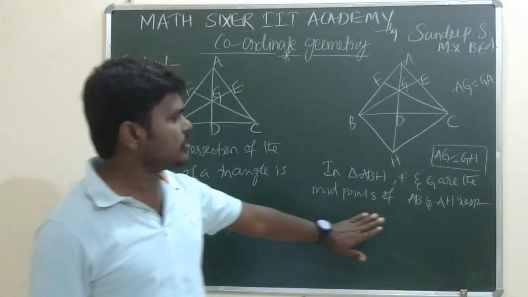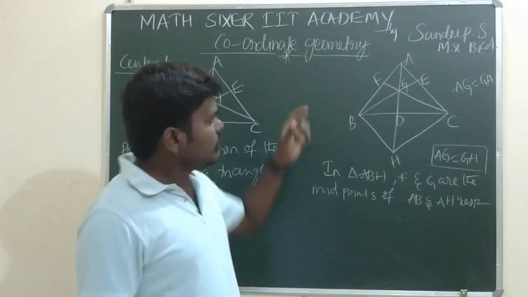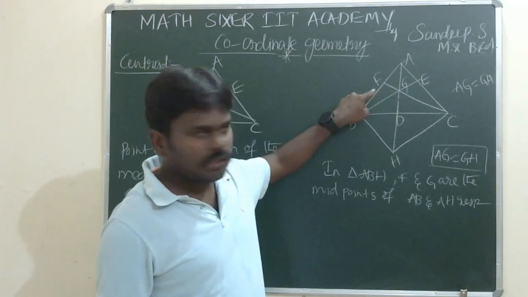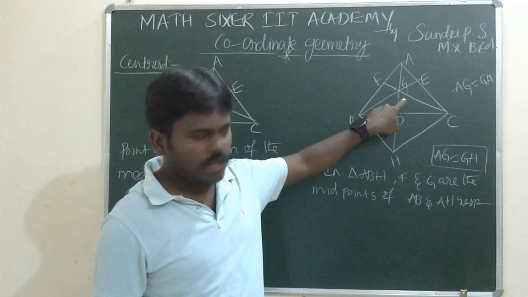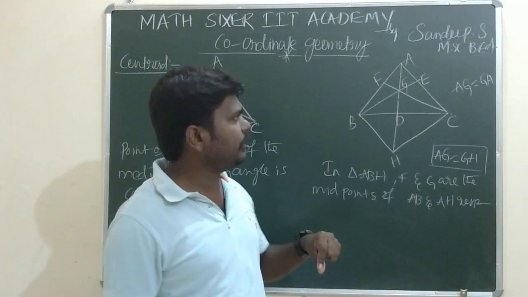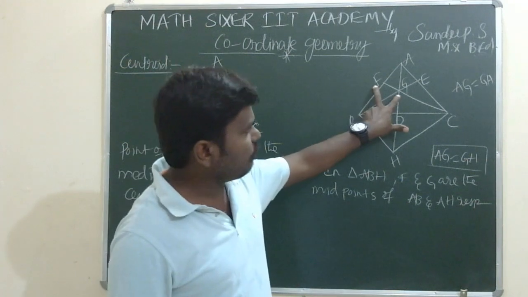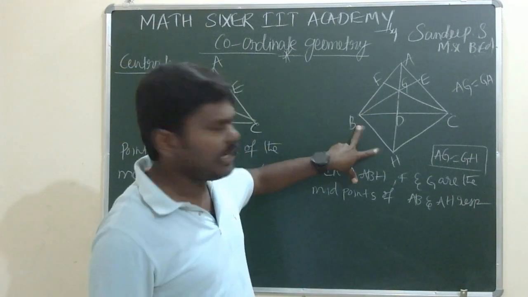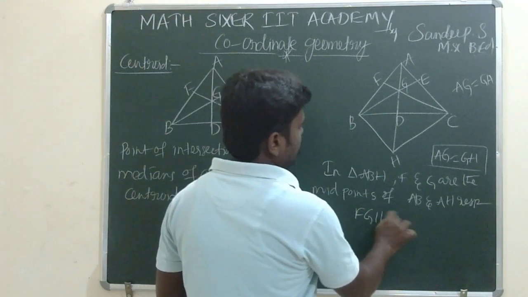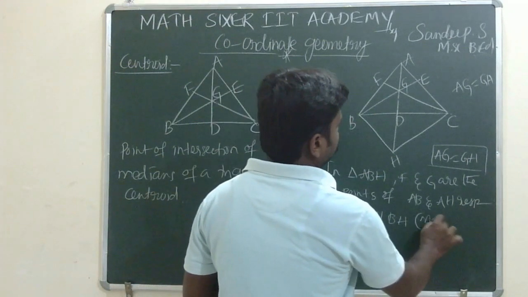So when we have the line segment joining the two midpoints of two sides of the triangle, we can apply the midpoint theorem. By the midpoint theorem, we can say that FG is parallel to BH.